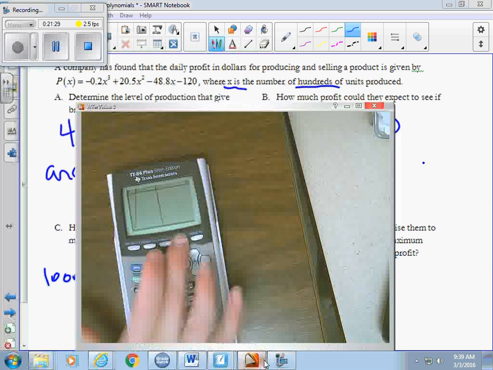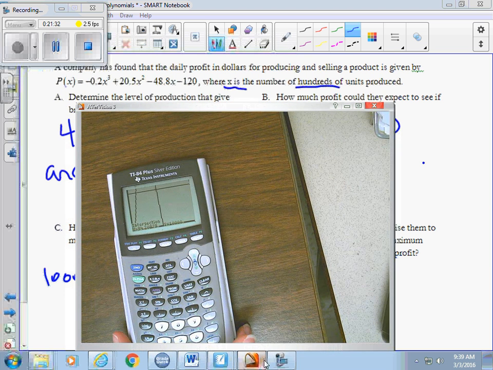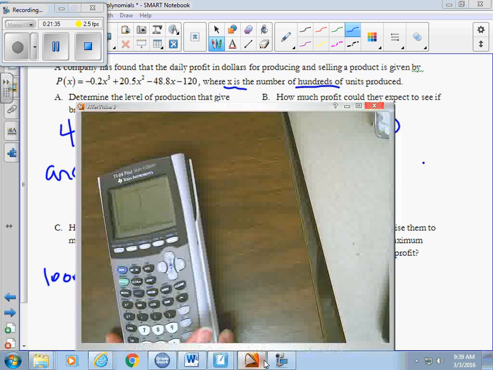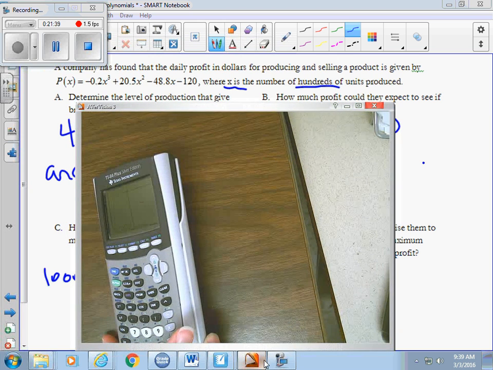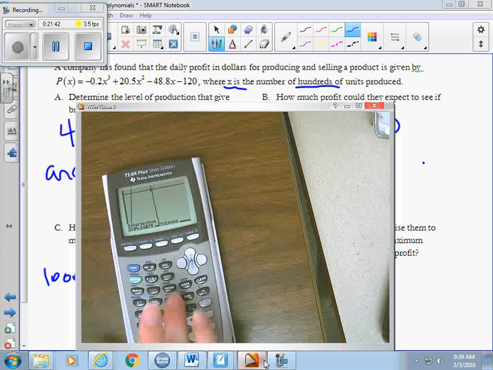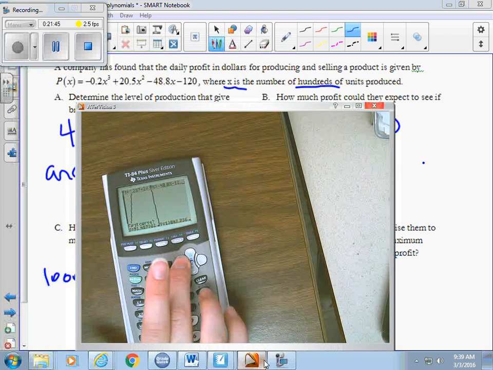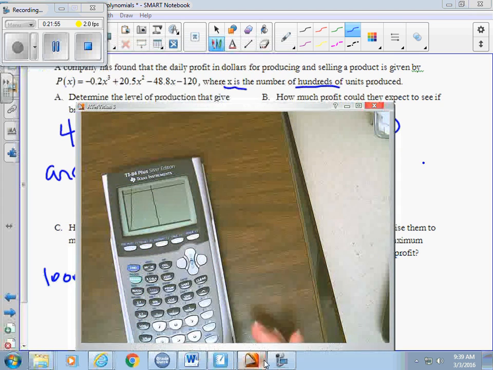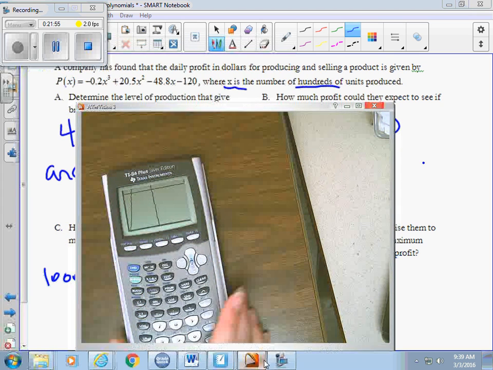Second trace, 5, enter, enter, enter. I get 94.208. Will someone write that down for me? And 27.688.